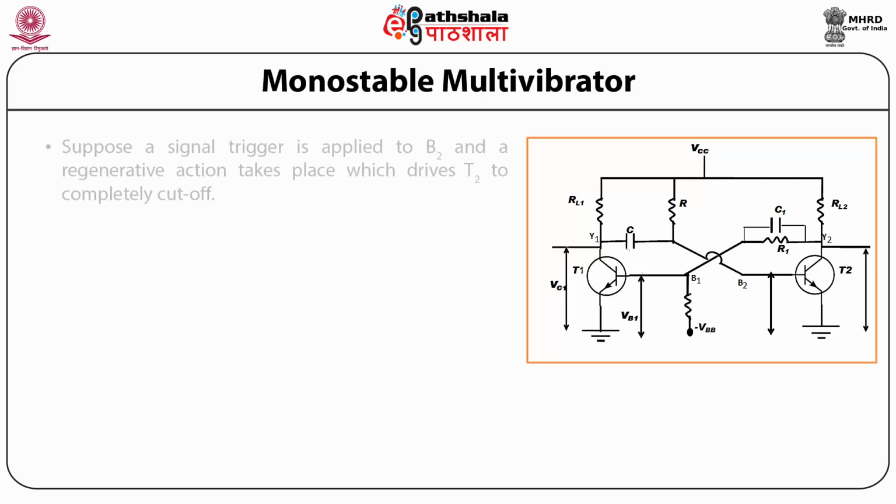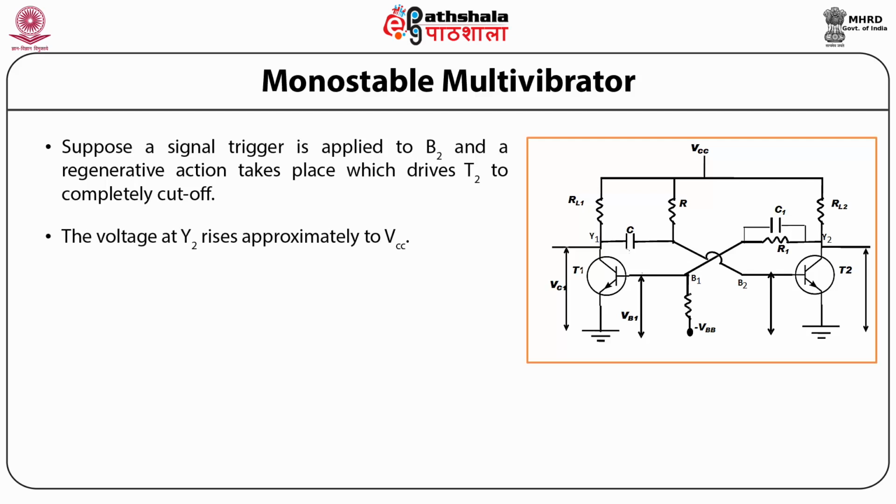A signal trigger is applied to the base B2 of transistor T2 and a regenerative action takes place which drives the transistor T2 to completely cut off. So the voltage at Y2, the output, rises approximately to VCC.